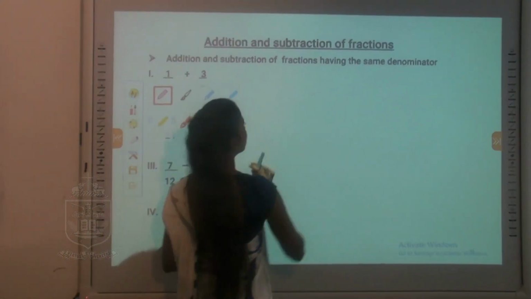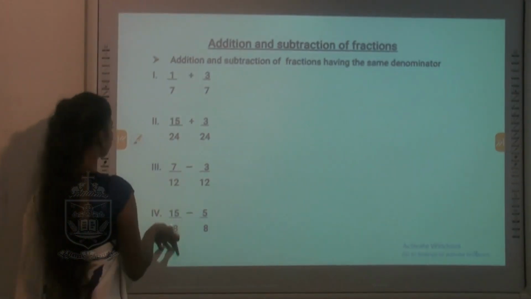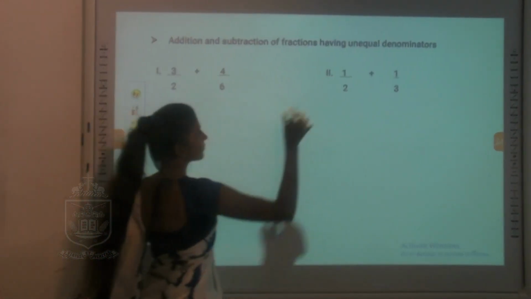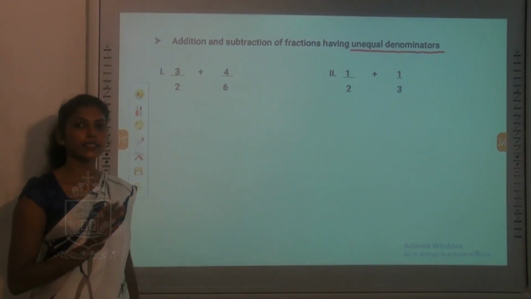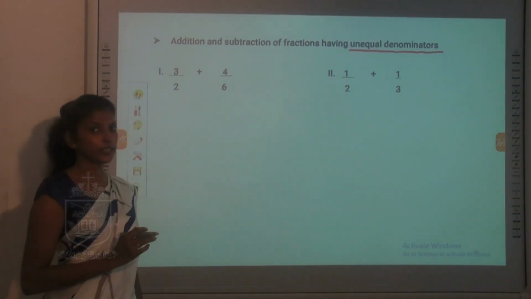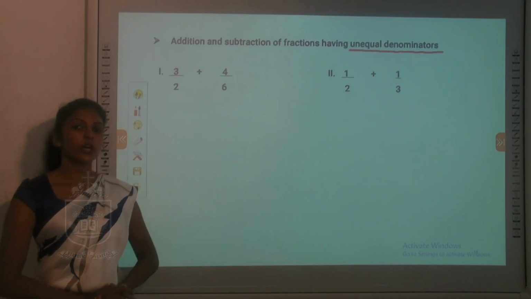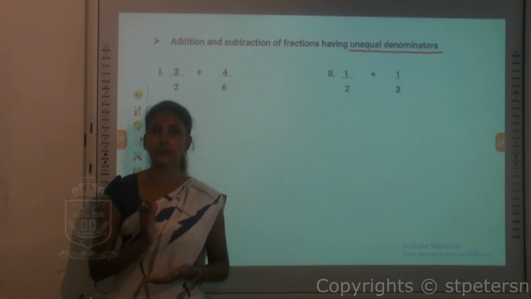Okay, when you have unequal denominators. In the previous one you had equal denominators, but here we have unequal denominators. So when you have unequal denominators, you have to make the denominator common.